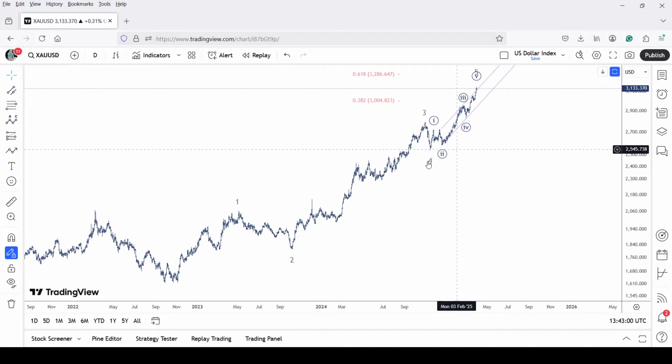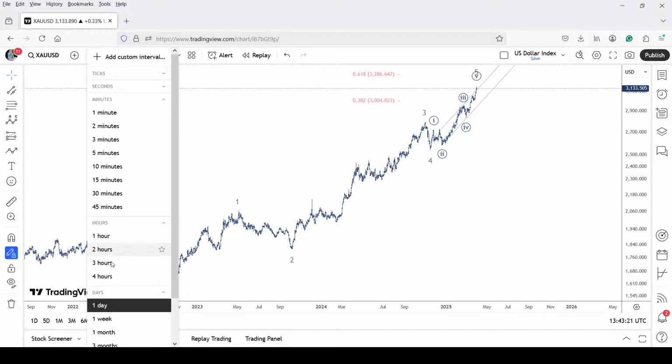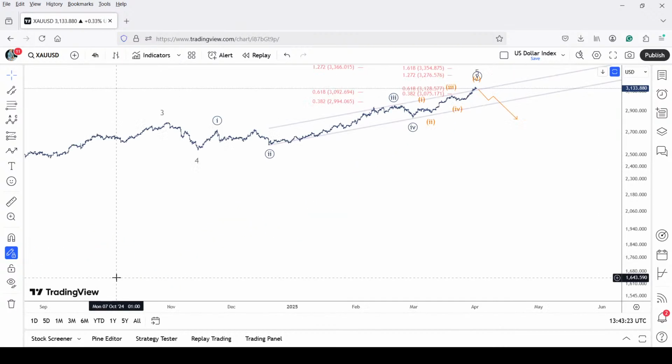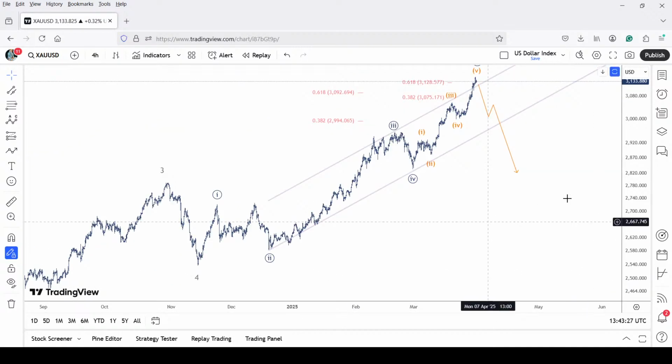As we have subdivided minor wave 5, again we can count 5 waves clearly, where minute wave 1, 2, 3, 4 and minute wave 5, which is being produced right now, and the sprint to 3145 highs intraday. All right, so looking at the 4-hour chart, it is wave 5 potentially completing at 3 different degrees, as we discussed earlier.